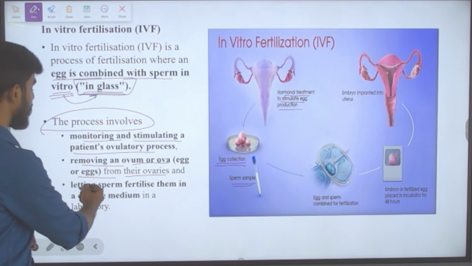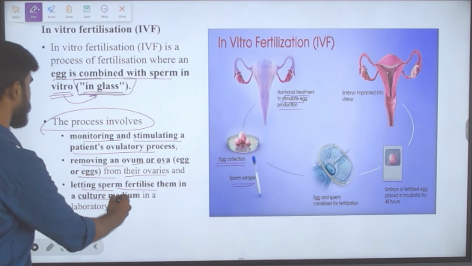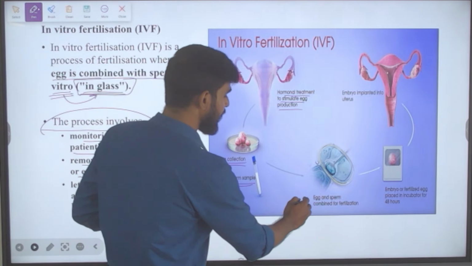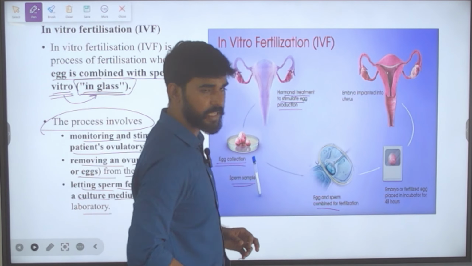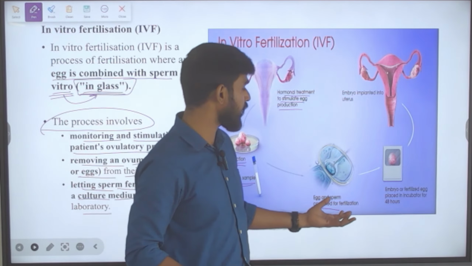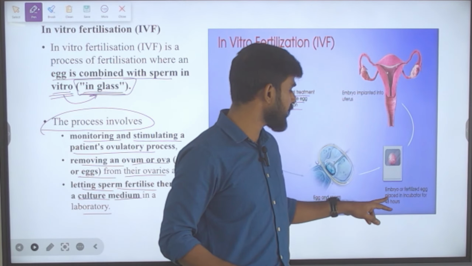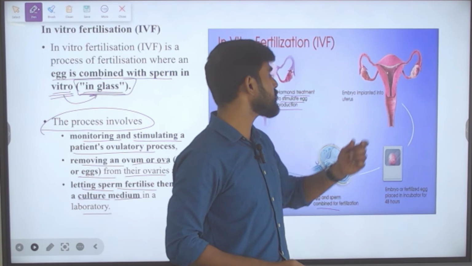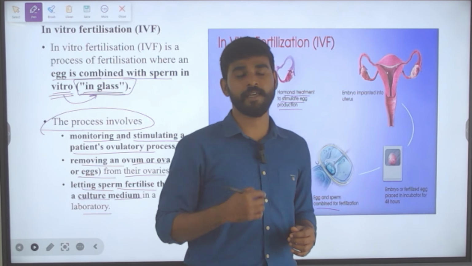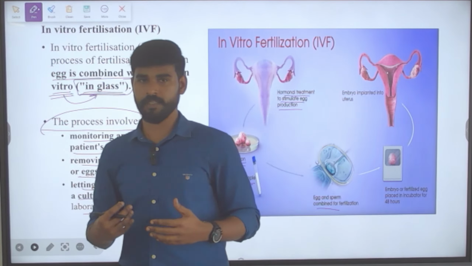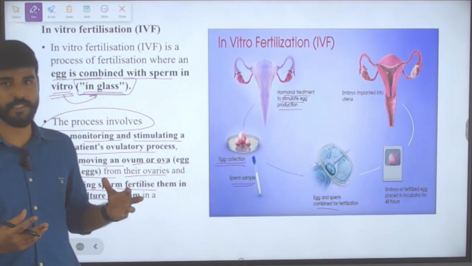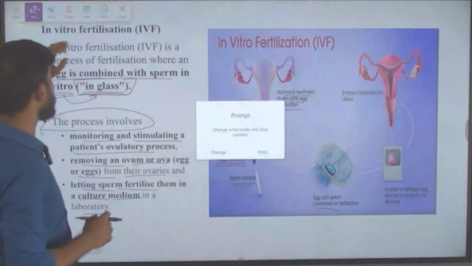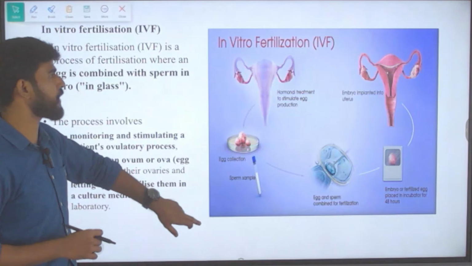And then comes letting sperm fertilize the eggs in a culture medium in the laboratory. This is the final step, where egg and sperm are combined for fertilization. After fertilization happens, the embryo, or the fertilized egg, is placed in incubation for 48 hours and then implanted into the uterus of the surrogate mother. Okay, so this is how in vitro fertilization works. I hope this is clear. With this we have come to the end of this particular topic.